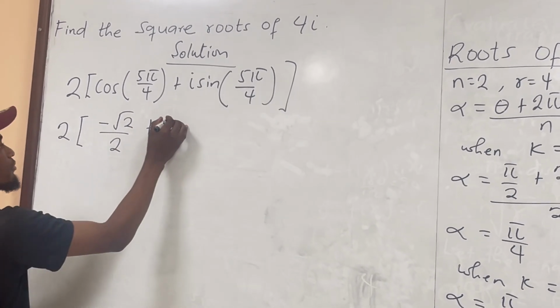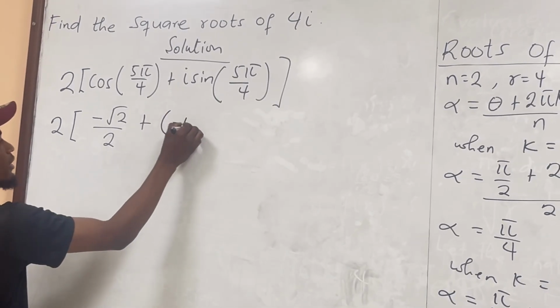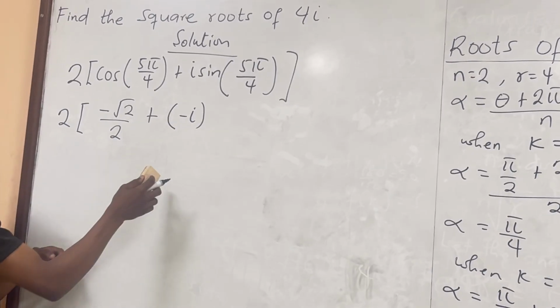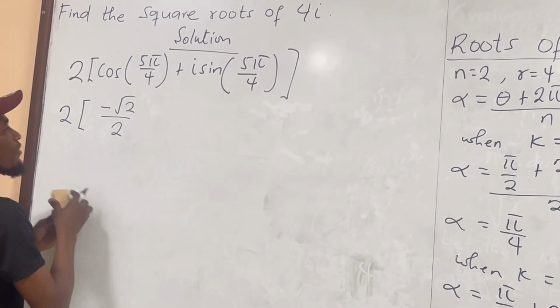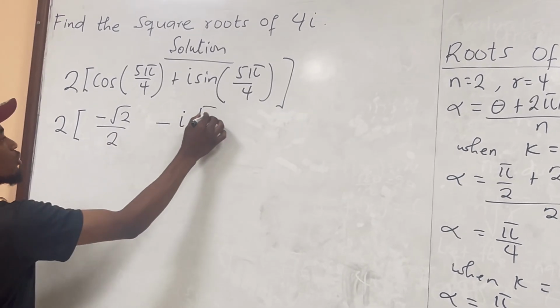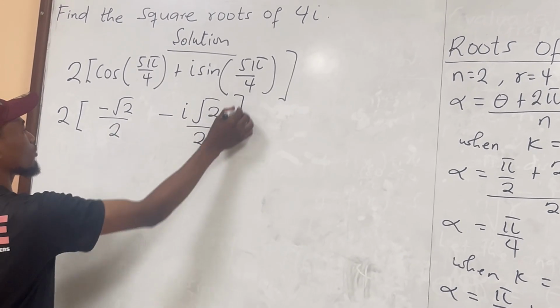Then plus negative i, in other words, negative times positive gives negative. So I have minus i root 2 on 2.